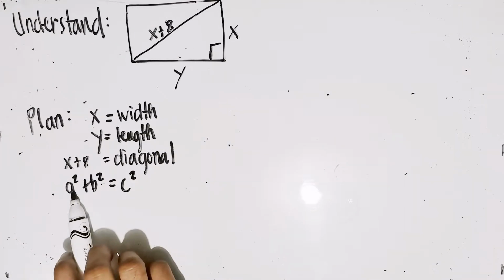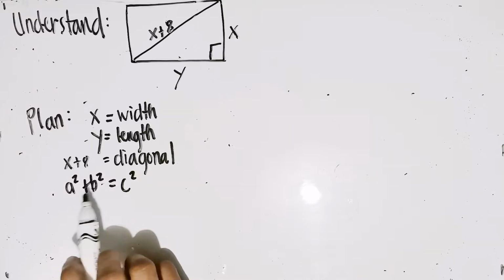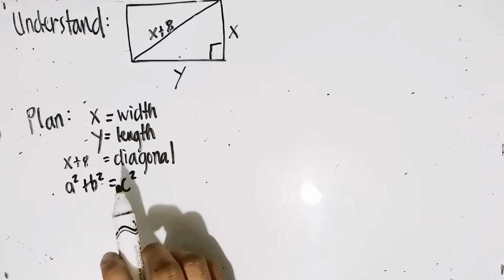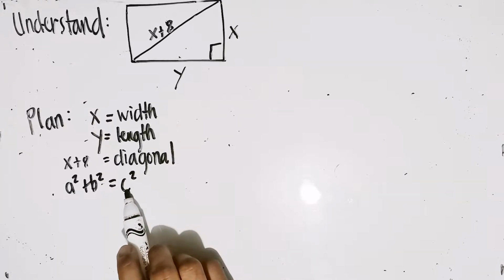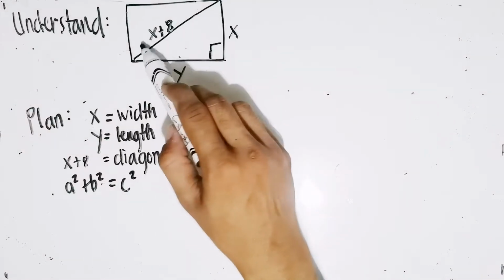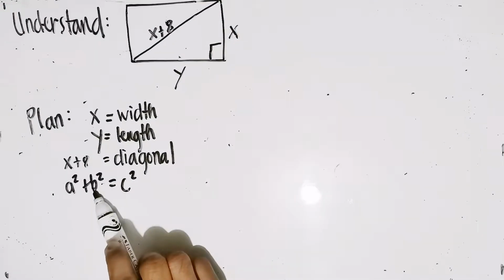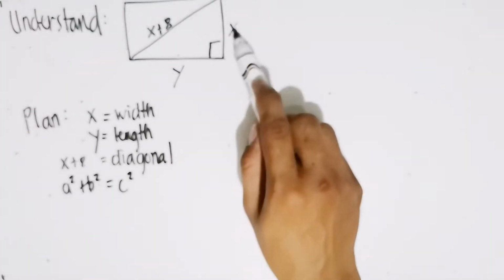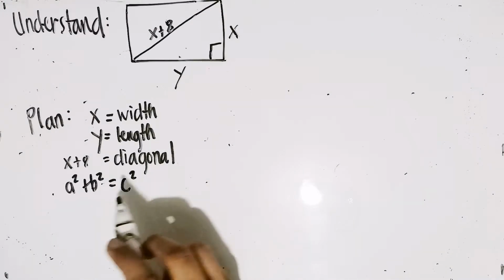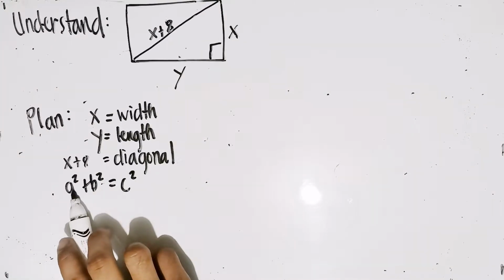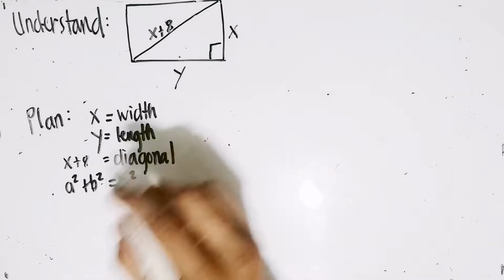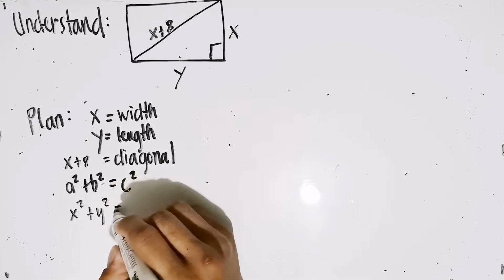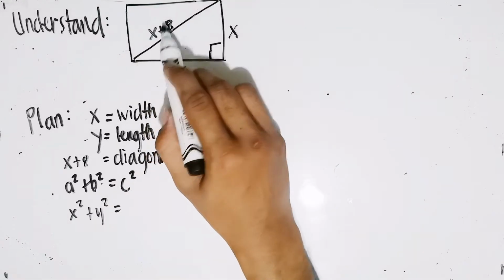A and b are the sides of the triangle, while c is the hypotenuse. So c here is the diagonal, and a and b are x and y. We will substitute a as x and b as y, and our c will be x plus 8.